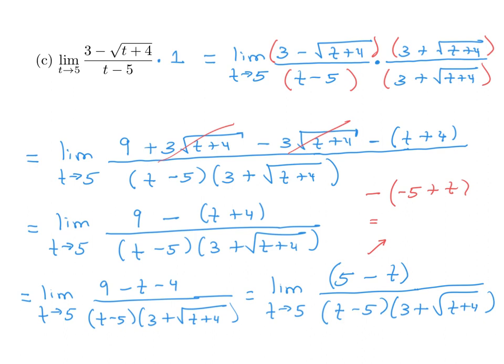So if you see that these are almost the same, but they're backwards, you can factor out a negative and then put t minus 5 in this case.